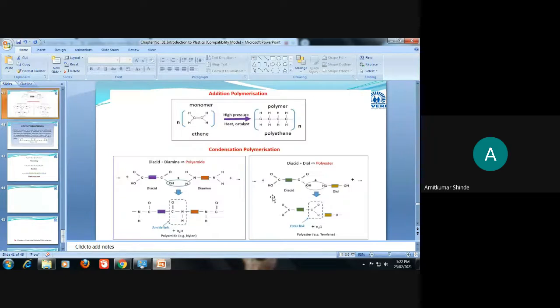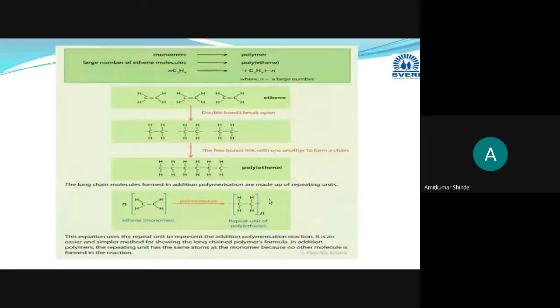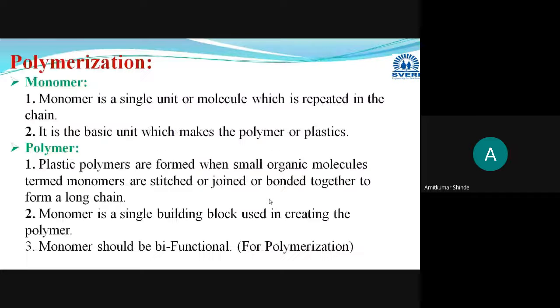I will try to summarize this within 1 minute, and after that I will end this session. In this session, we have learned the polymerization concept. To understand it, we covered the concept of monomer, then polymer, and the basic requirements for a particular monomer to get transformed into the polymer, or for the occurrence of polymerization.